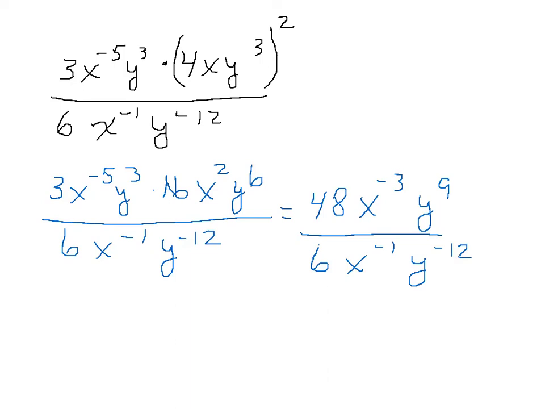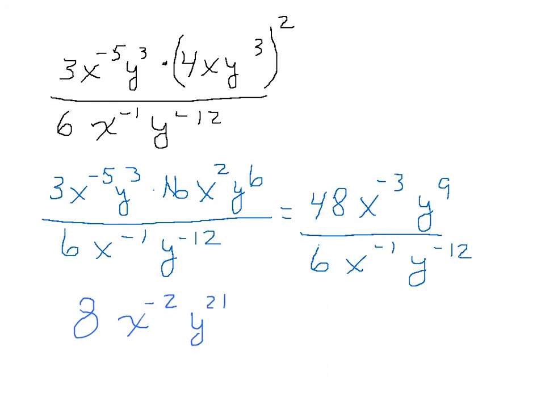So now we do our division, and 48 divided by 6 is 8. And then we're looking at minus 3 minus a minus 1, so that's x to the minus 2. And then we're looking at 9 minus a minus 12, and that's going to be y to the 21.